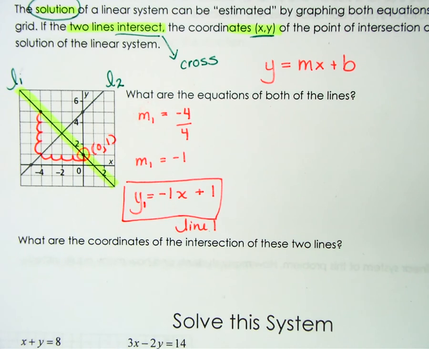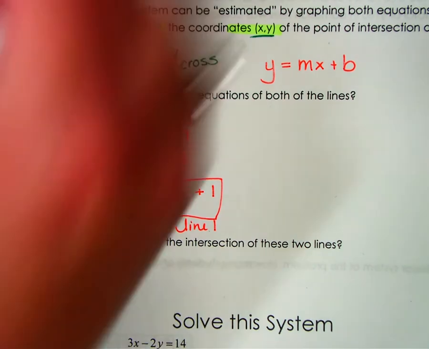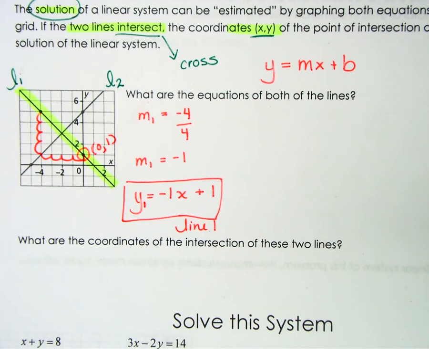Okay, can you do this for line 2? Does it have a nice y-intercept? Yeah. Nice, good. Okay, there we go.